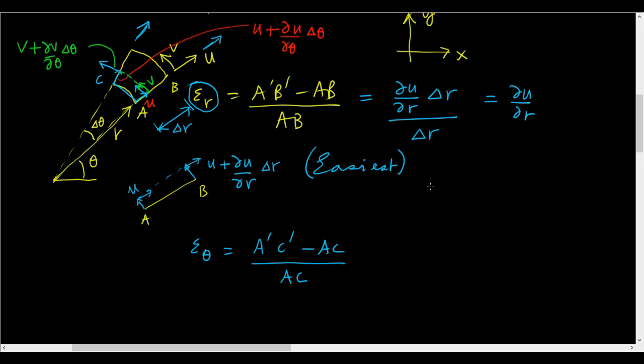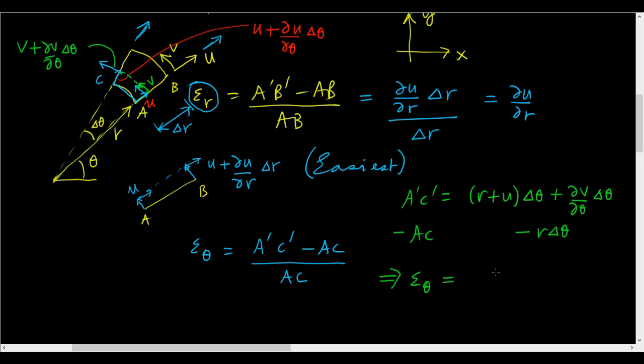Okay, so new length A prime C prime is equal to r plus u delta theta plus del v del theta delta theta, minus AC, which is r delta theta, and so epsilon theta is equal to u plus del v del theta by r, which is u by r plus 1 by r del v del theta.